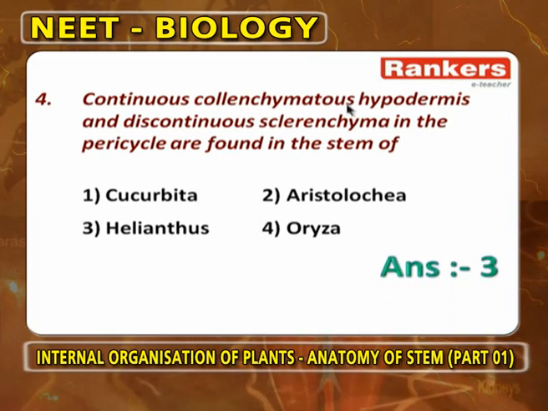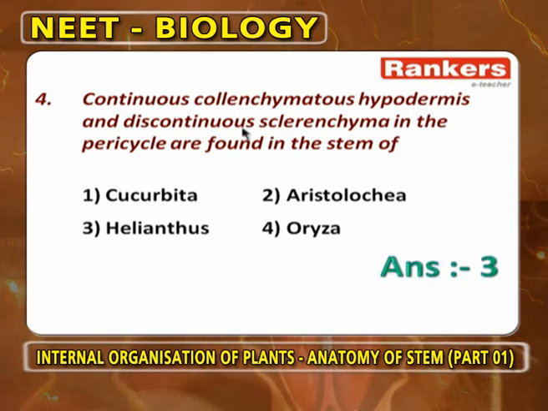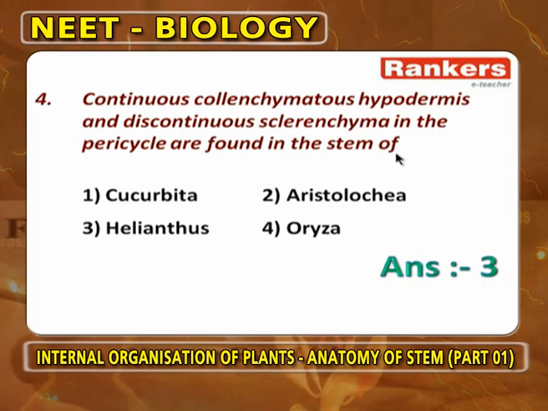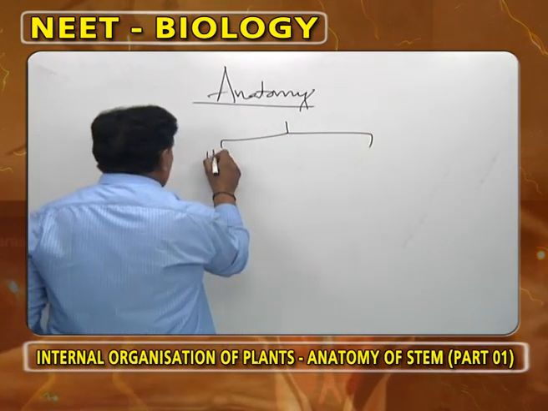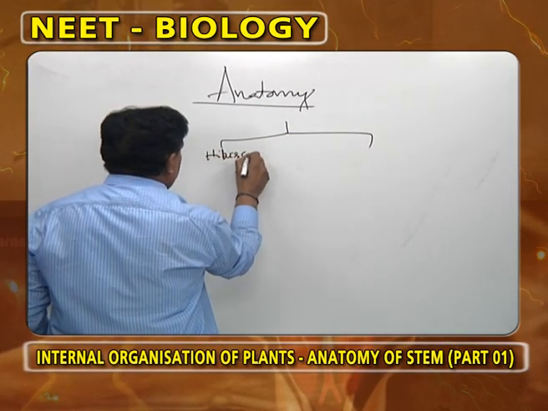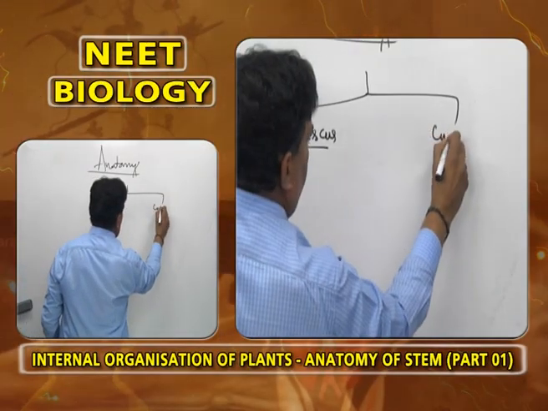Continuous collenchymatous hypodermis and discontinuous sclerenchymatous pericycle are found in the stem of which plant? You have to remember two concepts: dicot stem in hibiscus and dicot stem in cucurbits.